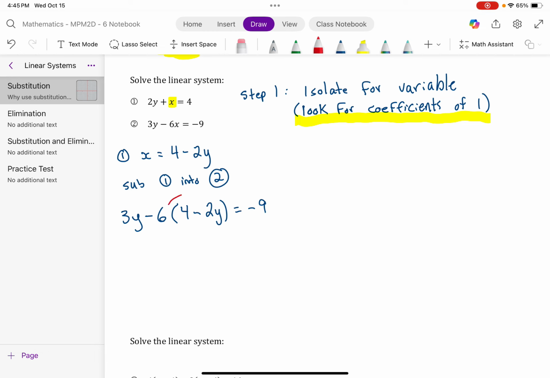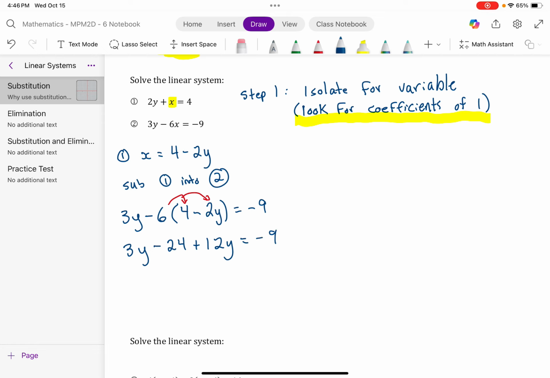And now I'm going to start to solve for y. I'm going to need to distribute that 6, which is negative, into the brackets, so watch your minus signs. 3y minus, so -6 times 4 is going to be -24. -6 times -2y is going to be plus 12y is equal to -9.